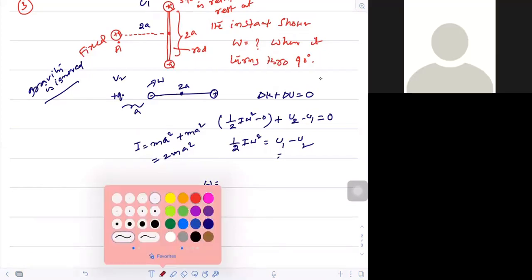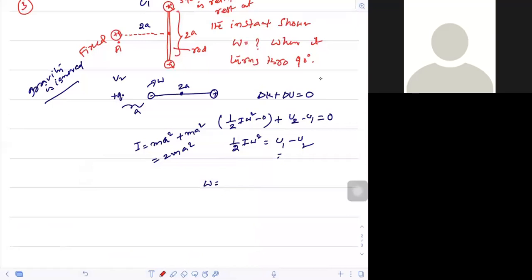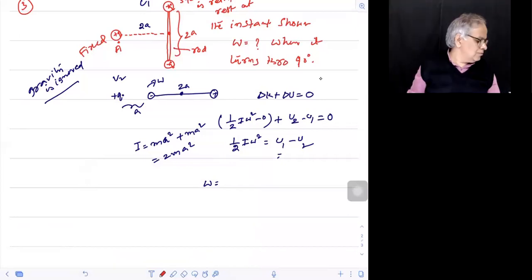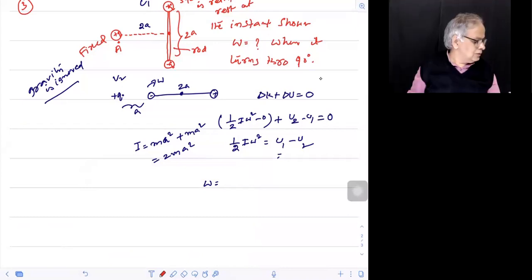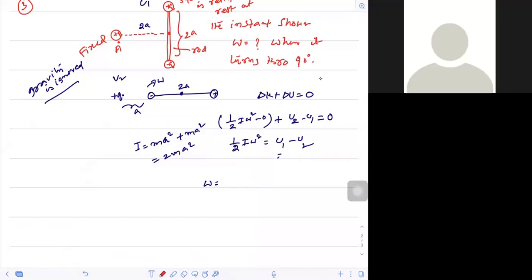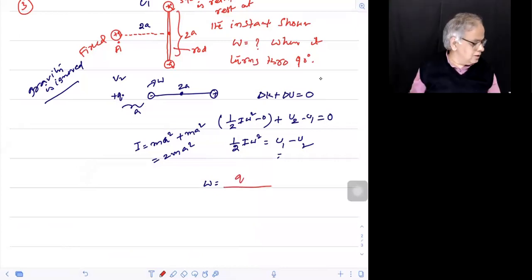For omega square, I'm getting 13/2 kq square by MAQ. Something is missing. Sir, so omega equals q by a into under root 2k by 3 q by a. No, I'll give the answer. Just compare and tell me.